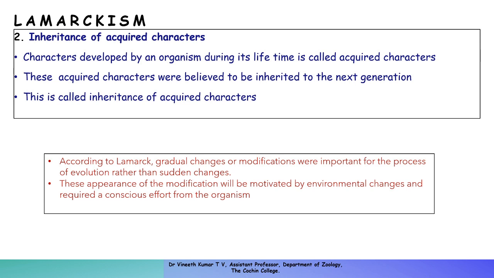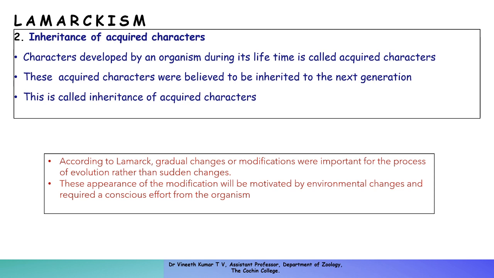So according to Lamarck, evolution, or the changes that happen in an organism, is gradual, and the modifications were more important for the process of evolution than sudden changes. That's why we discussed previously that he believed in gradual evolution, where small changes are invested in the organism in each generation, and at the end it emerges as a new species.